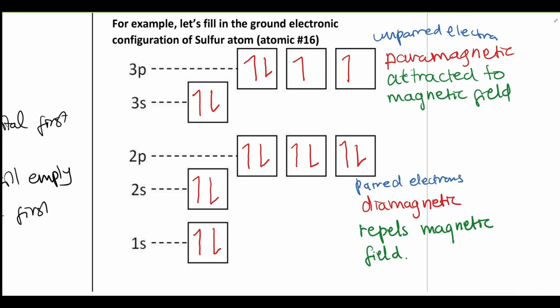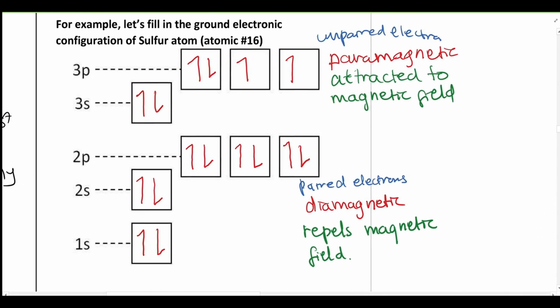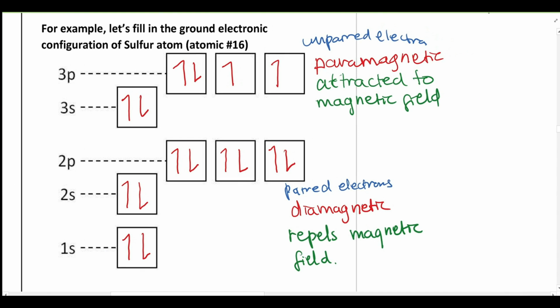More or less, that's pretty much why some things are magnetic and some things are not magnetic. If you have iron, for example, you'll see that they have a lot of paramagnetic electrons, and because of that, they get attracted by magnetic fields. If you put magnets on iron, it sticks. The other one doesn't.